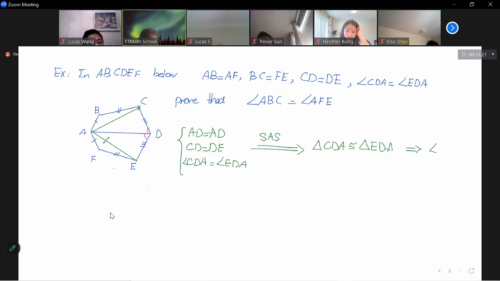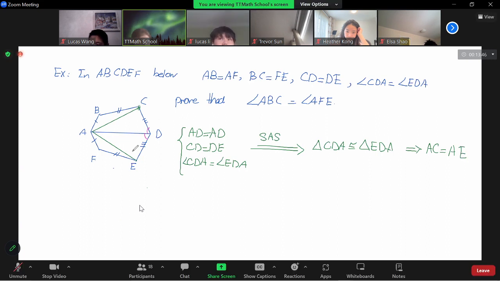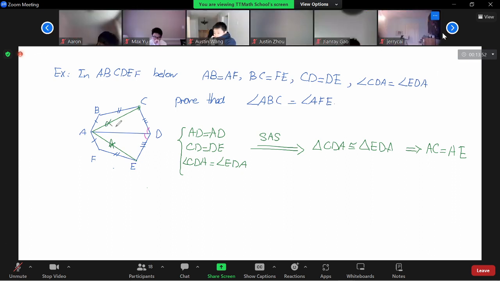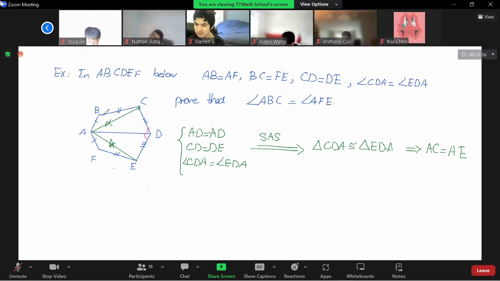Since we already know that CDA and these two are the same, their corresponding sides are also the same, which means AC is equal to AE, right? So we proved these two sides are equal.